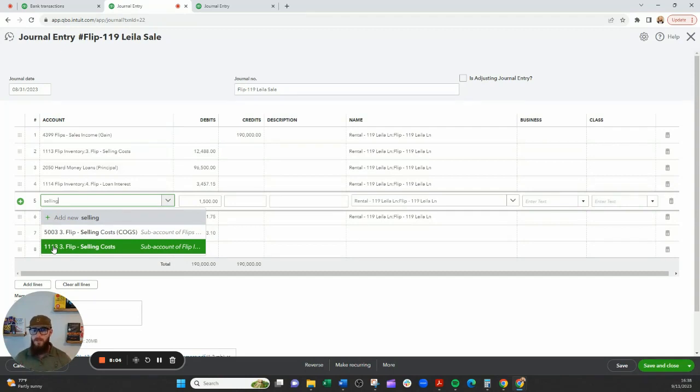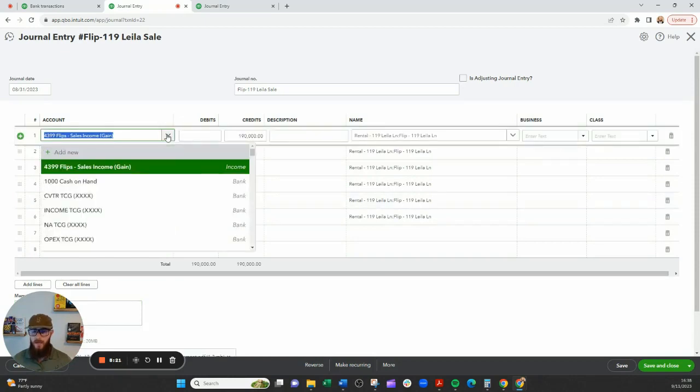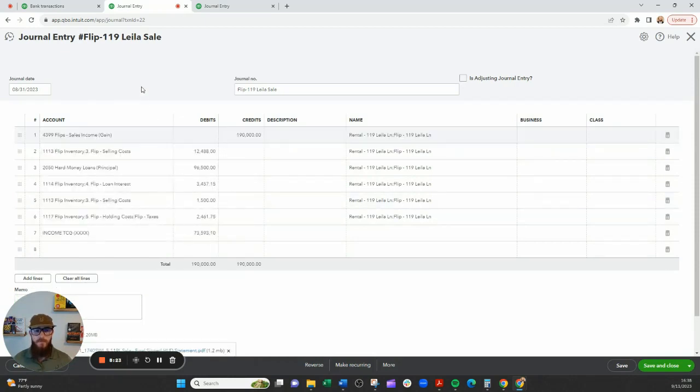Assets are in the 1000s as far as account numbers go. And our chart of accounts conveniently has COGS in parentheses for all COGS accounts, so it sticks out to you, okay? And this, by the way, flip sells income, is an income account, okay? It's in the 4000s.